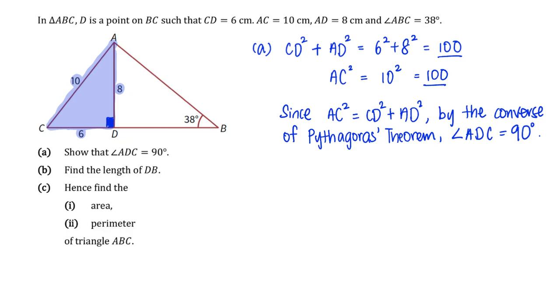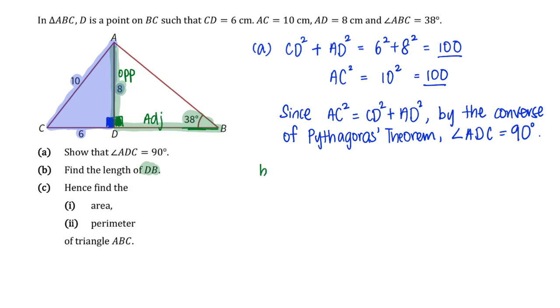Next question, part B, find the length of BD. I'm going to tap on this 38 degrees and this length here. Okay, this is also a right angle triangle, and therefore, by identifying that this 8 cm is the opposite side of angle 38 degrees, and we are supposed to find BD, which is the adjacent side, with SOH CAH TOA.